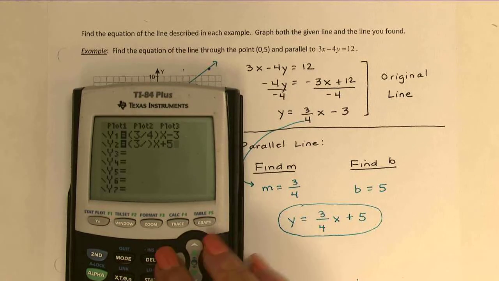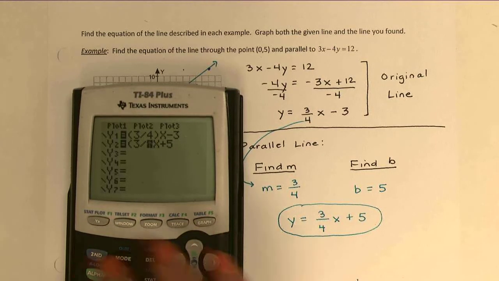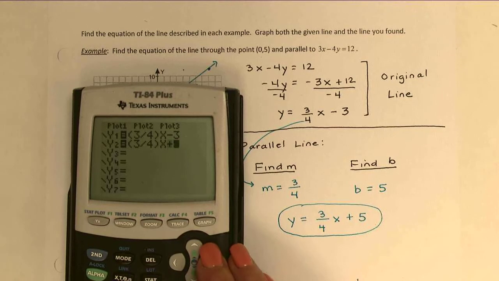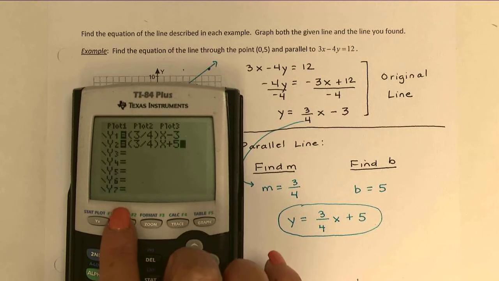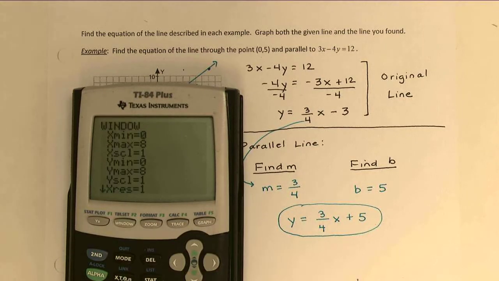Whoops, I missed a point. There we go. 3/4 x plus 5 as my second line. Now, if I simply want to hit graph, I'm going to get whatever window is already in there. If you want to set a custom window, you can hit the window button and set whatever values you want.